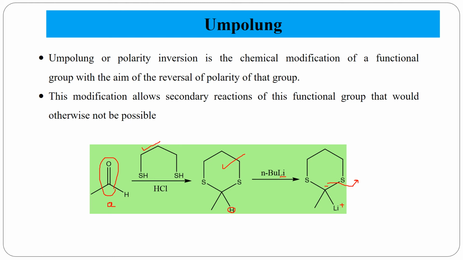So the conversion of this acceptor synthon into a donor synthon is called Umpolung. The process can also be reversed, but usually Umpolung takes place when an acceptor is converted into donor synthons.